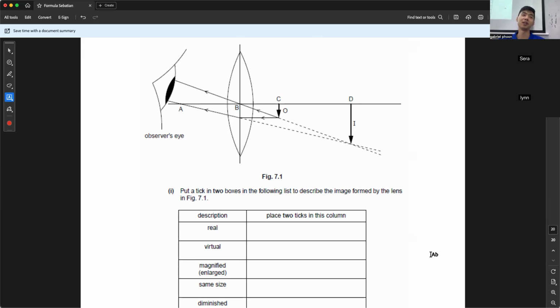B is the optical center, right? You just said that. So the answer is between A, C, or D only. Which one is the focal point? It's not a guess. Think about it. Where do the light rays hit? No, that's where the image is formed. That's the intersection point.